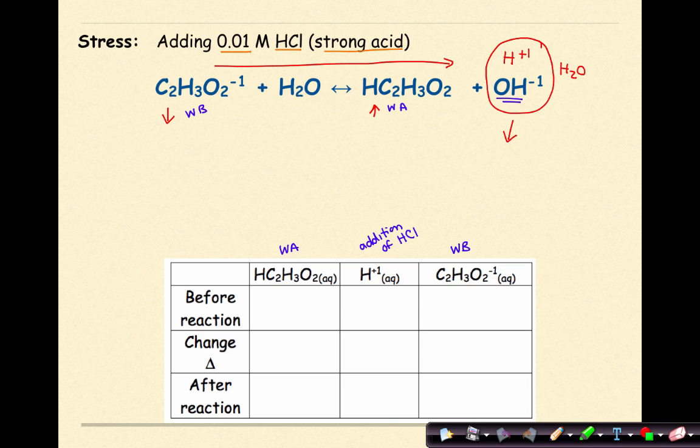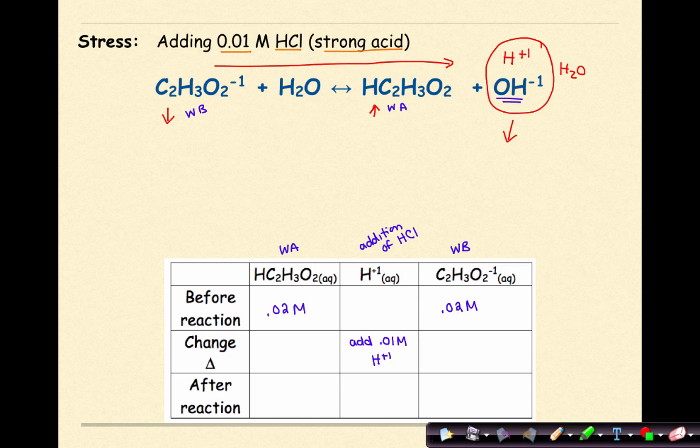Before the reaction begins, we have 0.02 molar of our weak acid, and we have 0.02 molar of our weak base. The change here is the addition of the hydrogen ions. So under H+, I'm going to say add 0.01 molar H+. That's the stress on the system.